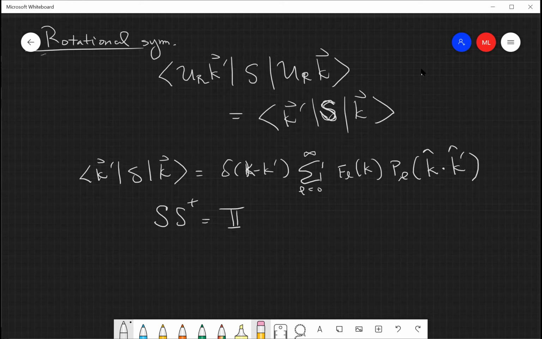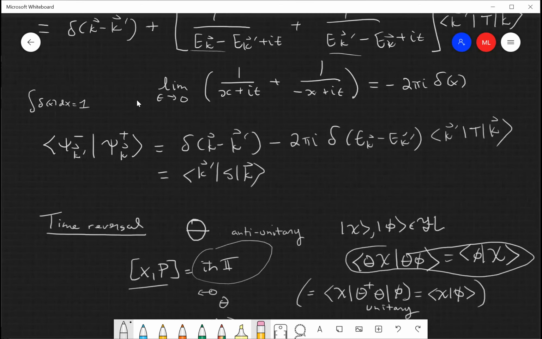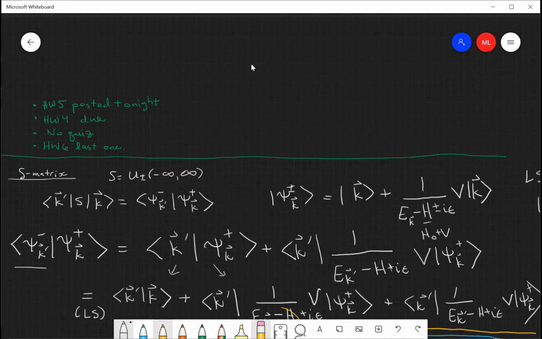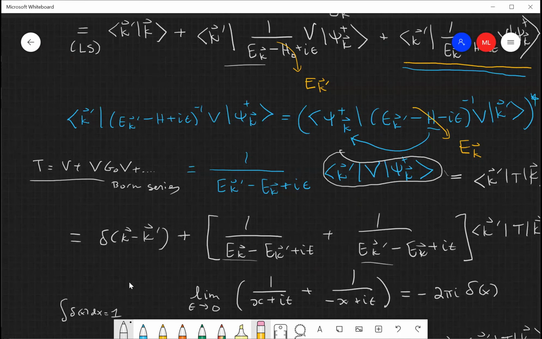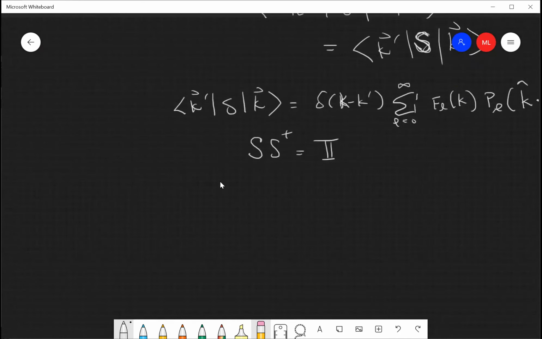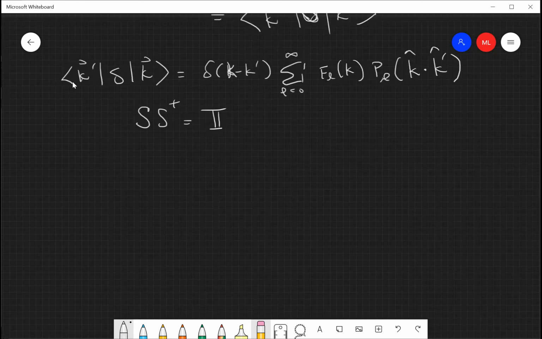This is the definition of the S matrix: it's the interaction picture unitary evolution operator. So if you take S multiplied by S dagger, you should just get the identity. We haven't used this yet, so let's see what the consequences are.